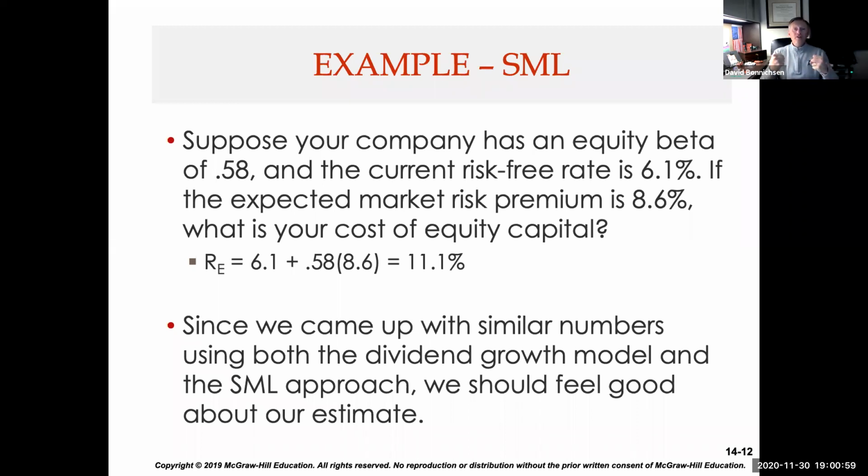And we don't necessarily need to make any other assumptions in order to go about calculating what the cost of equity is for the firm that we are analyzing. So if the DGM and the SML/CAPM approach are similar, then we should feel pretty good about the analysis that we've completed.